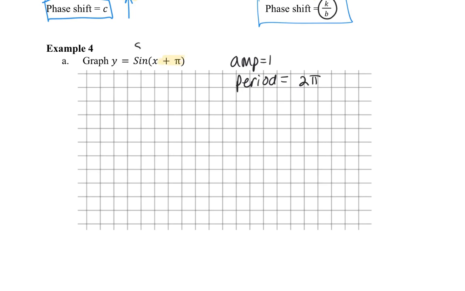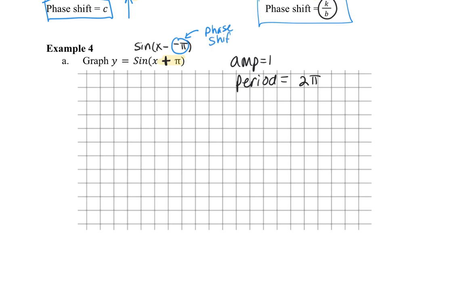Note that sine of x minus a negative pi would simplify to that x plus pi. So in the general form, it's x minus the phase shift, okay? So the phase shift is negative pi. There's my phase shift.